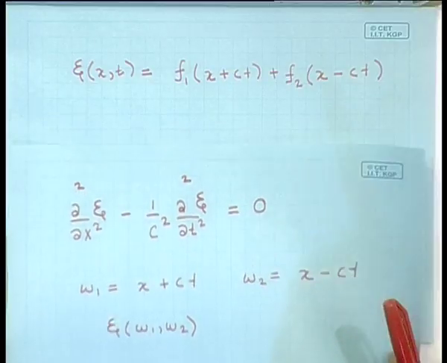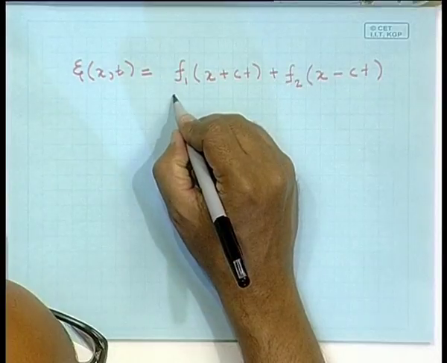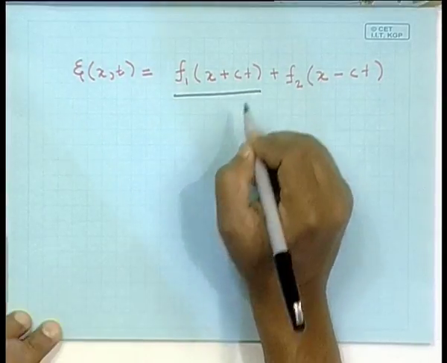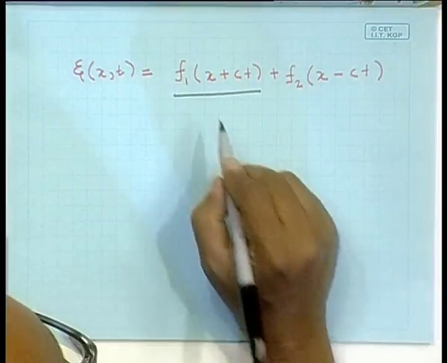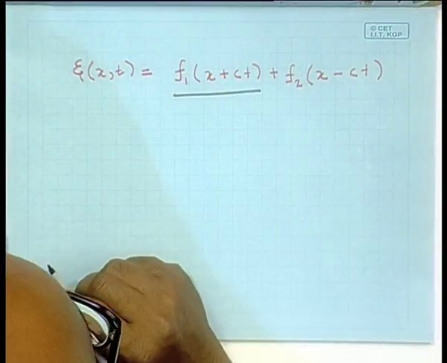Now let us interpret this solution. Let us first focus on a situation where we have only the first function. Let us set the other to be 0, and focus on this particular solution.